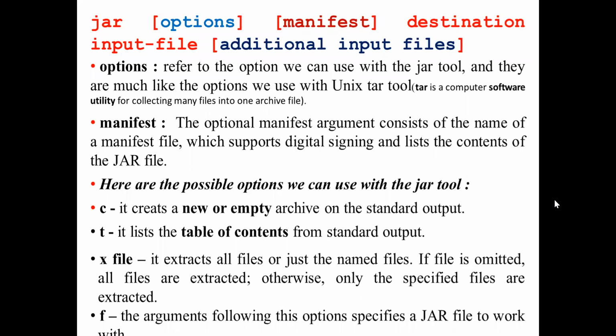The second square bracket indicates the manifest. What do you mean by manifest? It is optional. Manifest is an argument, nothing but a parameter, and it consists of the name of the manifest file, which supports digital signing and lists the contents of the jar file.